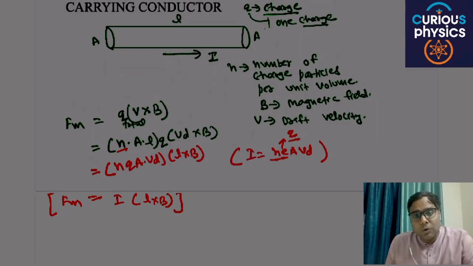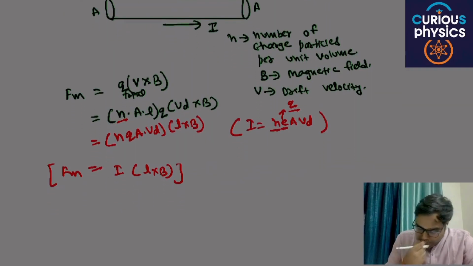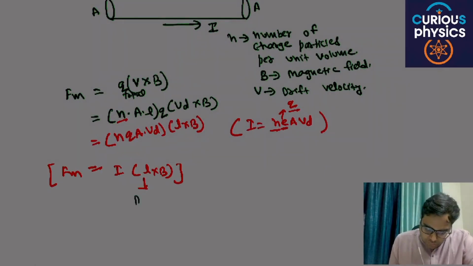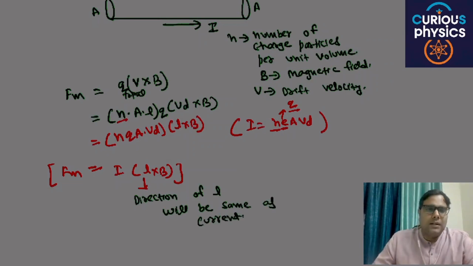Is L cross B. Now L is a scalar quantity, but if you want to treat L like a vector, then the direction of L will be the same as the direction of current.